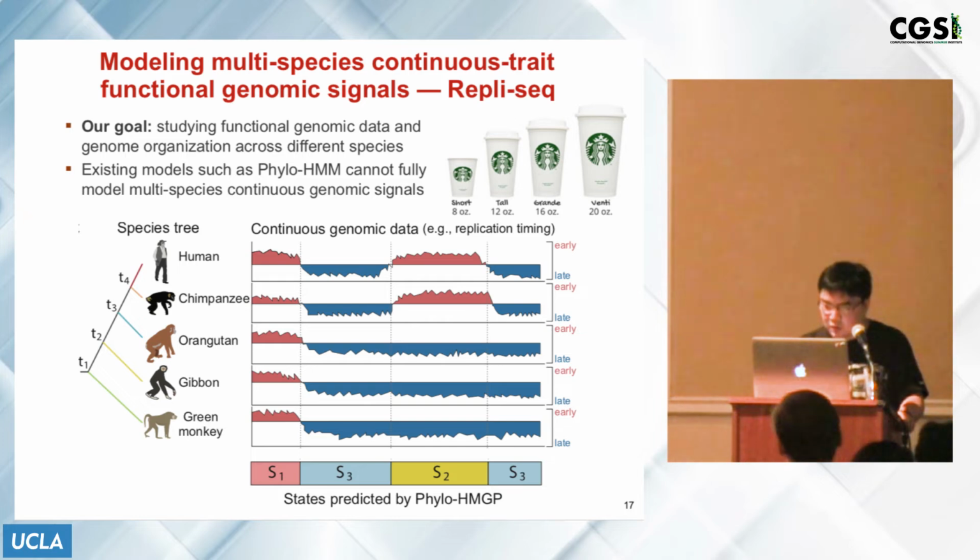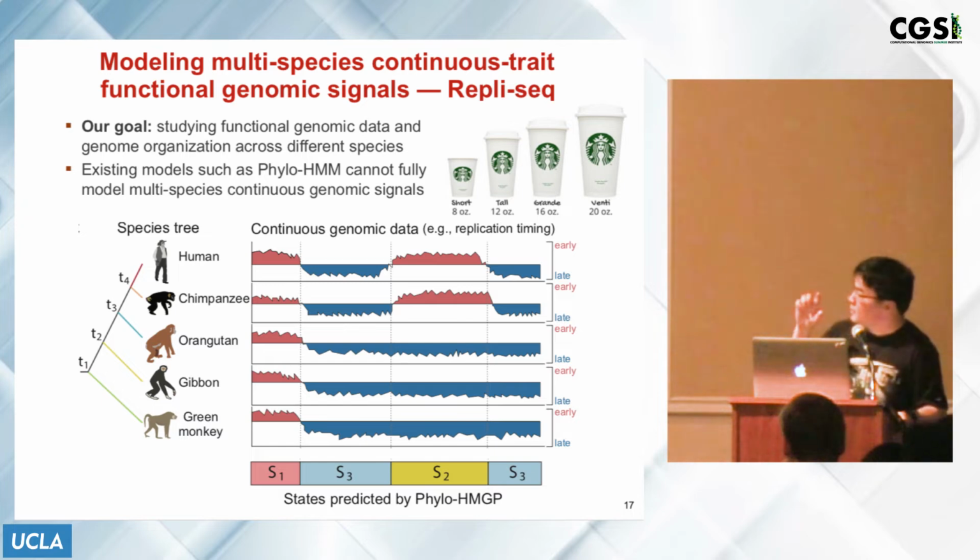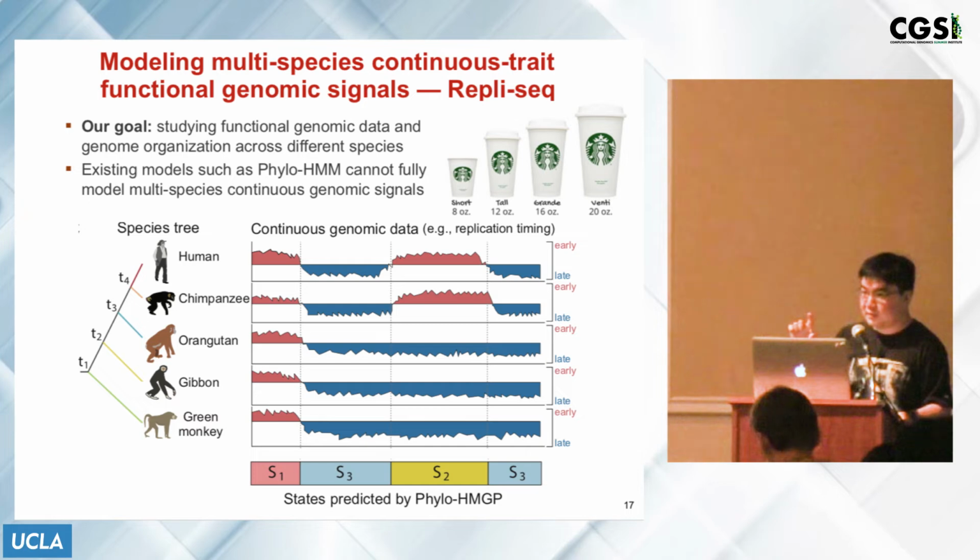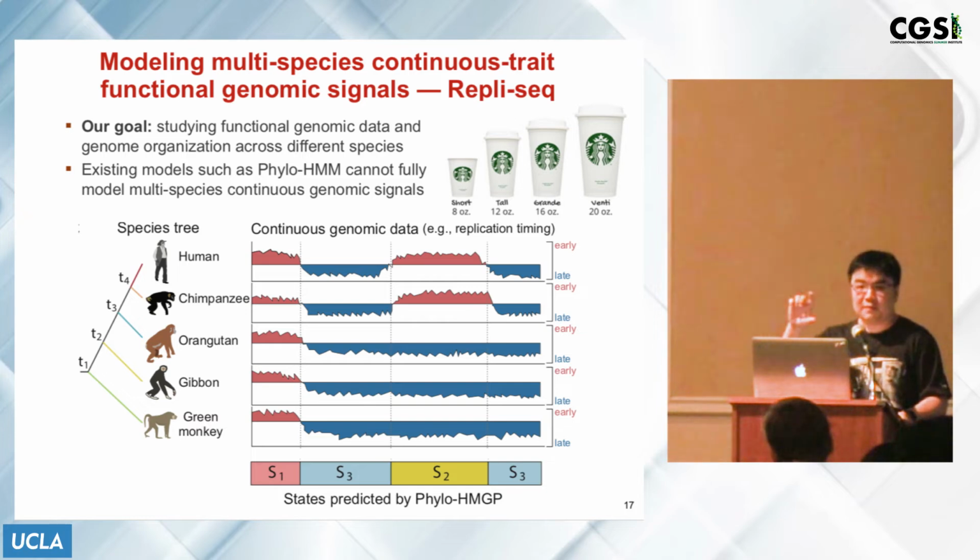For instance, if you walk into a Starbucks, you can get a cup of coffee in 4 cup sizes, right? Can you get a cup size of 13.68 ounces? No, you can't, because these are discrete characterizations of cup size.